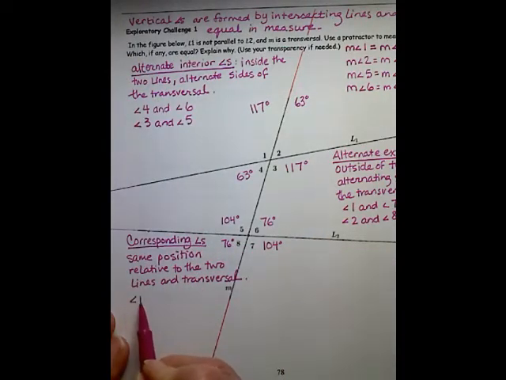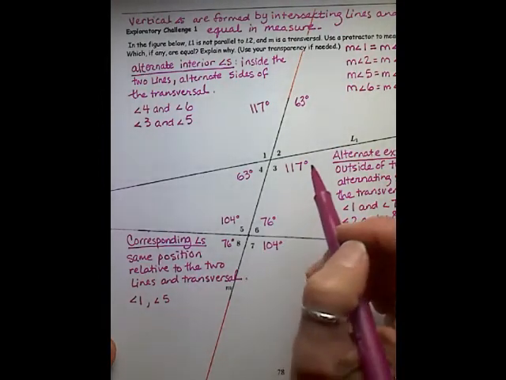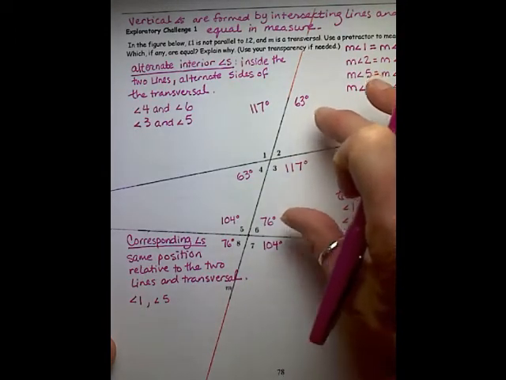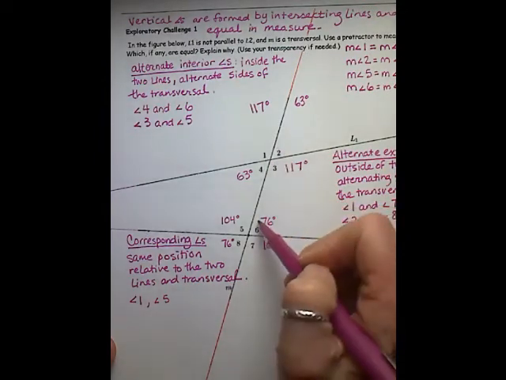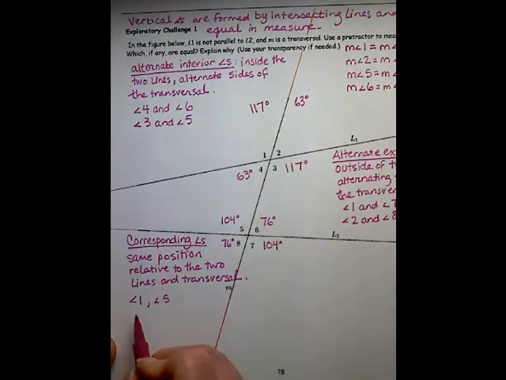So we have angle 1 and angle 5 are a corresponding pair. The next pair of corresponding, so let's do on the right side of the transversal and over the lines. So here's our line, so we have angle 2 and angle 6 being on top of the lines and on the right side. So our next pair is angle 2 and angle 6.